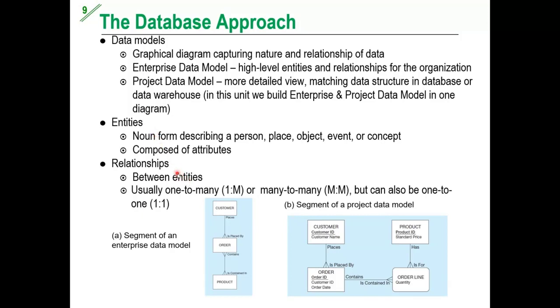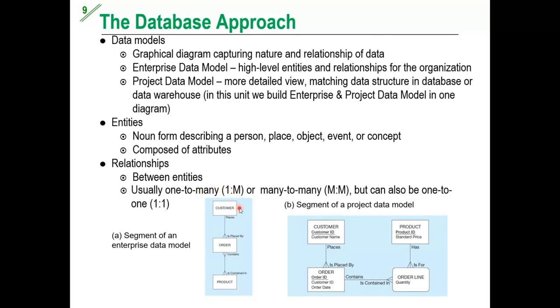That is where relationships come into place, right? So we need to think about how these entities, objects, places or events are related to each other. Some objects can be related to each other in one to one or one to many ways. So that is what we mean by one to many.